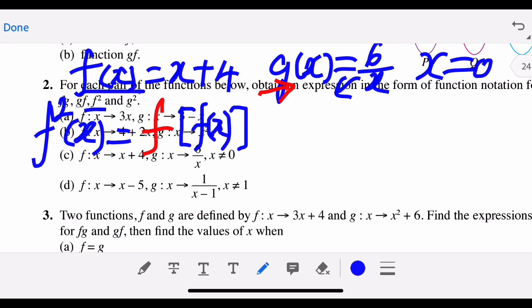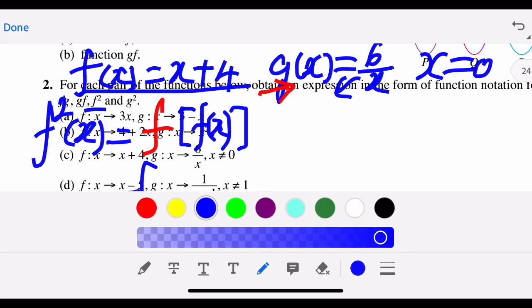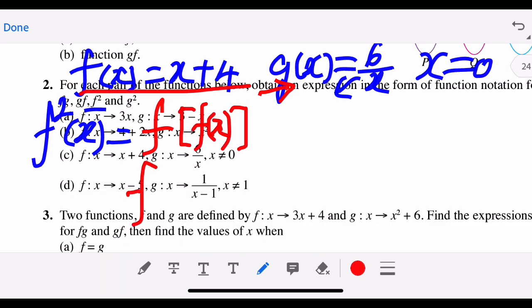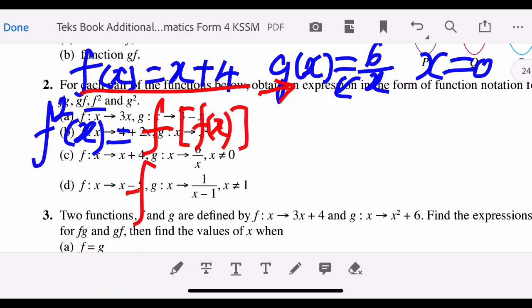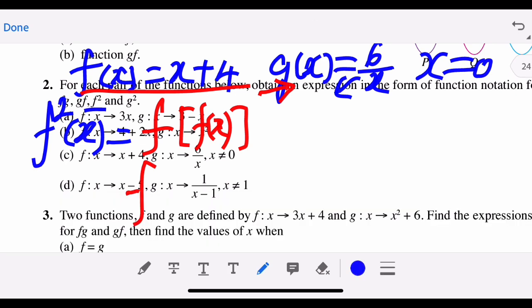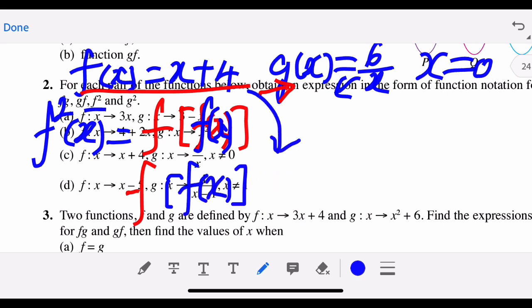So I will refer to this one. I have the function f in red color, and the object I will use blue color. The place of x I will replace with the fx. Okay, I just leave it like that.